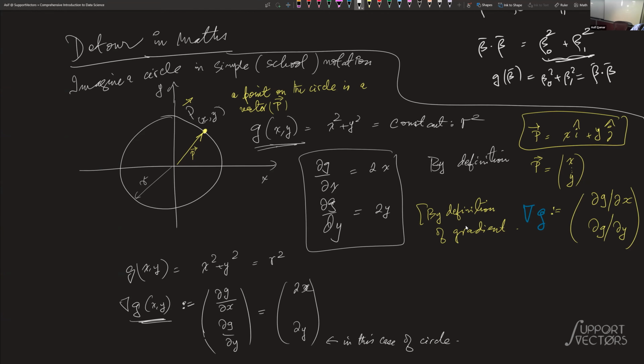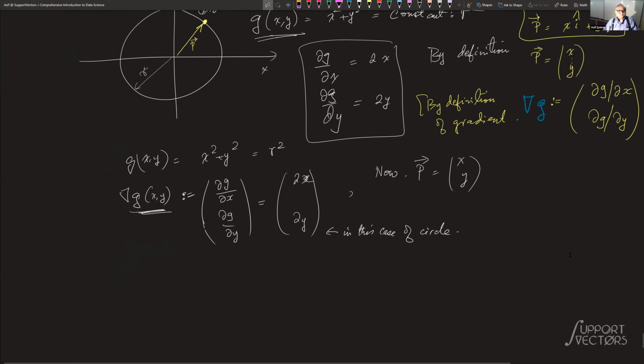And now you notice, what is P? P is just xy. It is the point xy, isn't it? So is there a relationship between the gradient and the point? For the circle, yes. For the circle, gradient G happens to be equal to 2 times the x vector, the p vector itself.